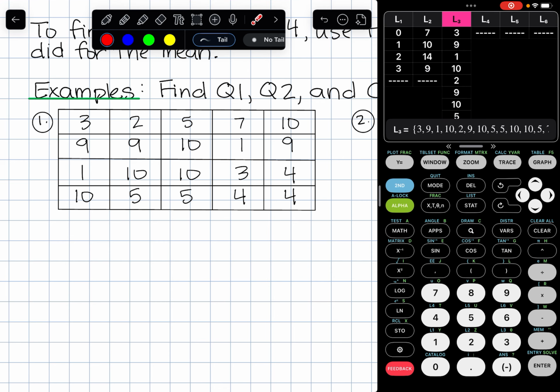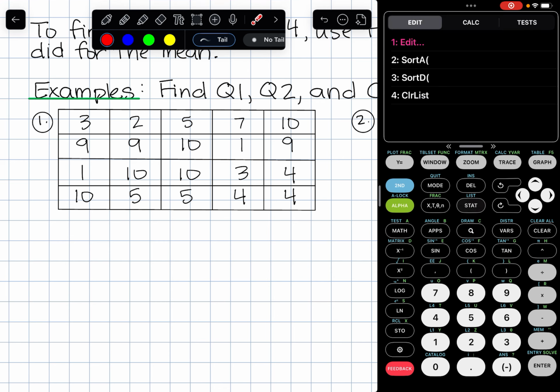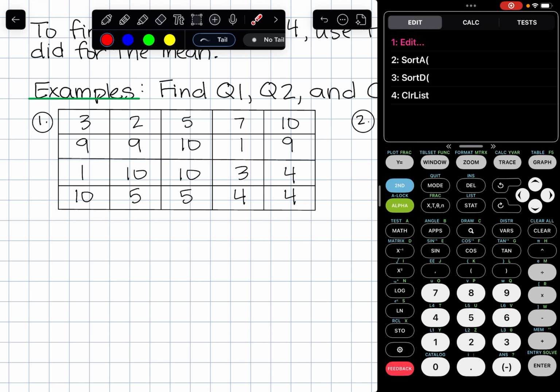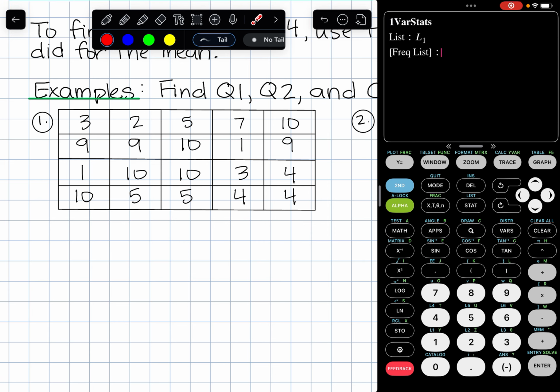And I can see that it's in L3, so when I go stat, 1-Var Stats, I want to make sure that I'm entering L3 instead of L1. So second 3, enter.